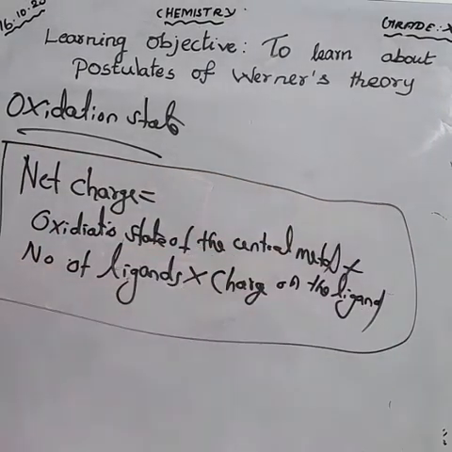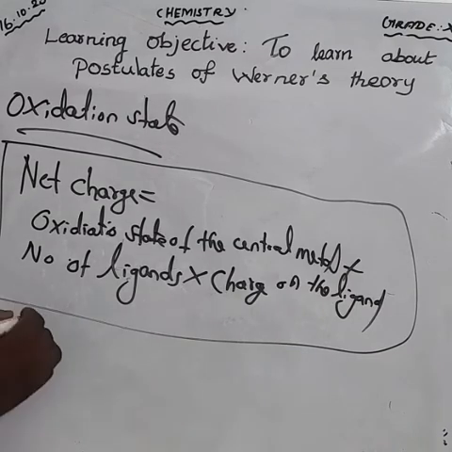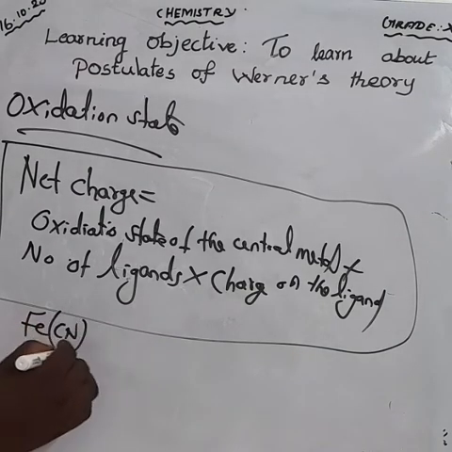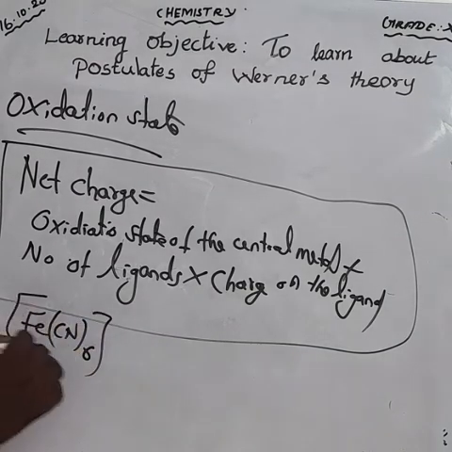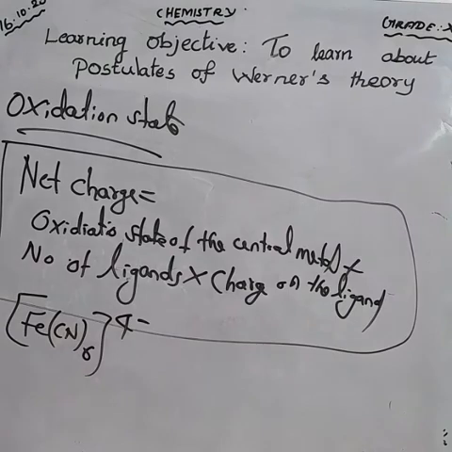How can we find the oxidation number? How do we explain the oxidation state in [Fe(CN)6]4-? How will you find the oxidation state for this Fe?